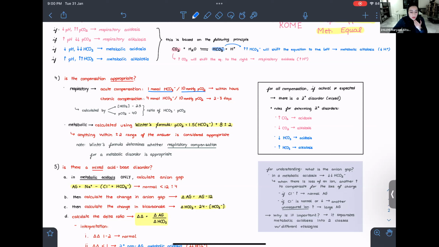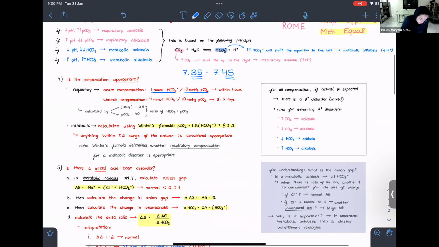Potassium, bicarb is usually 24 is the average of normal. But what I want you guys to know for PCO2 is it follows, you know how pH is 7.35 to 7.45. So these values, 35 and 45, are also the values of the PCO2. So if it's less than 35, it's low. If it's more than 45, it's high. That's just an easier way for you guys to remember that. I'm just going to say PCO2, okay, is like pH.